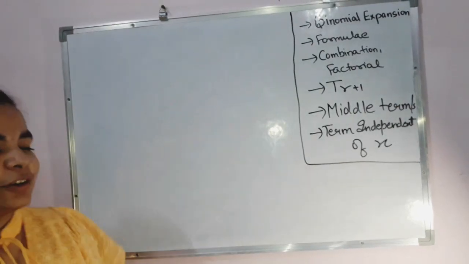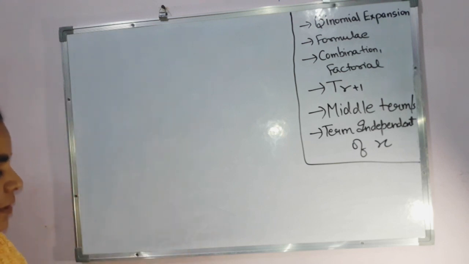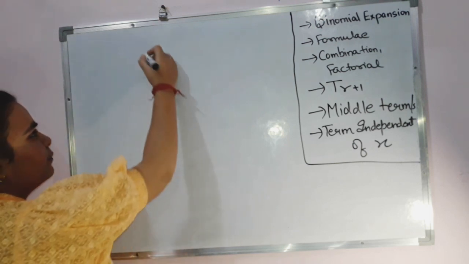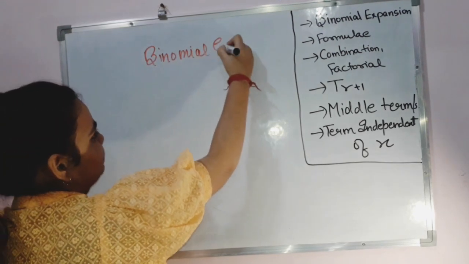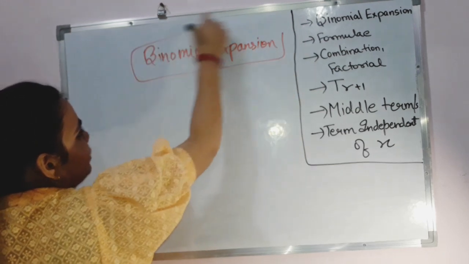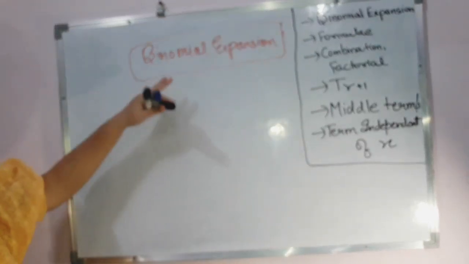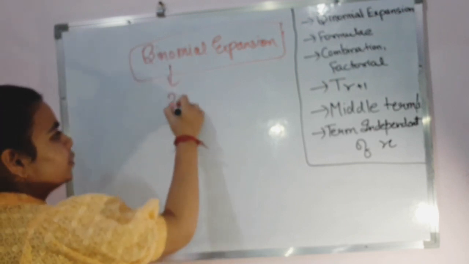So let's start with this chapter quickly. That is basically the binomial expansion or the binomial theorem. First of all, by the name itself, binomial: bi means 2. So bi here is referring to 2.